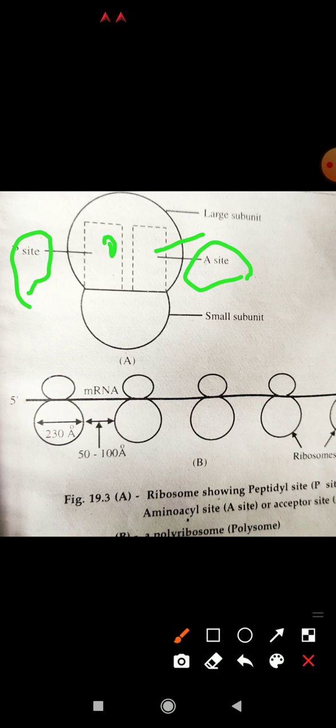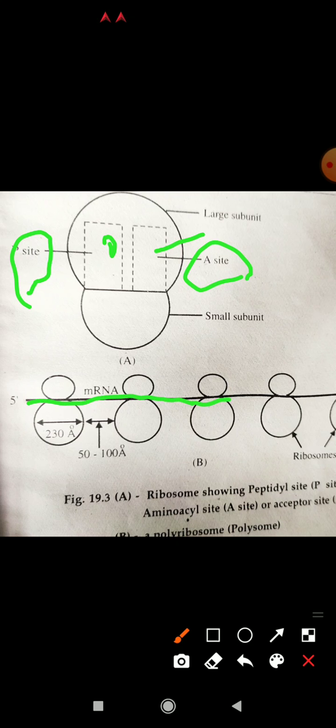Actually, these ribosomal subunits are synthesized in the nucleolus and then they enter the cytoplasm. These subunits attach to the mRNA to form polyribosomes. See, this is the mRNA.